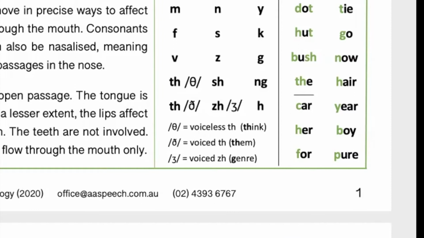And what I'd like you to do is, if you just have a piece of paper or on the back of something just blank, because it's fine wherever you write it, it's just a little practice. I'm going to bring up the whiteboard. Here we go. So let's have a look at what that would look like if we were to do the TH that's voiceless. So here's our TH, like in thick. So it's voiceless.